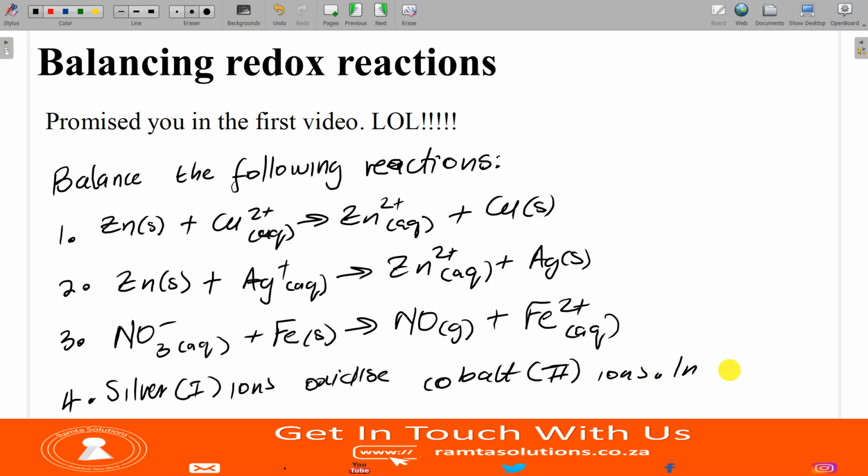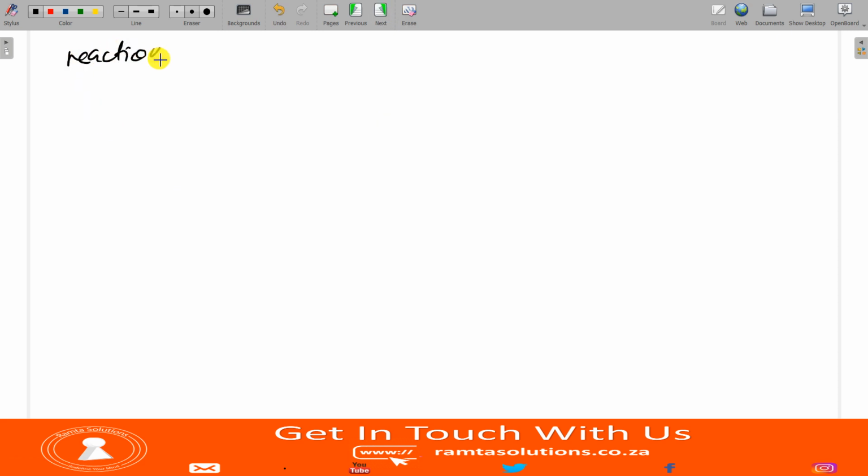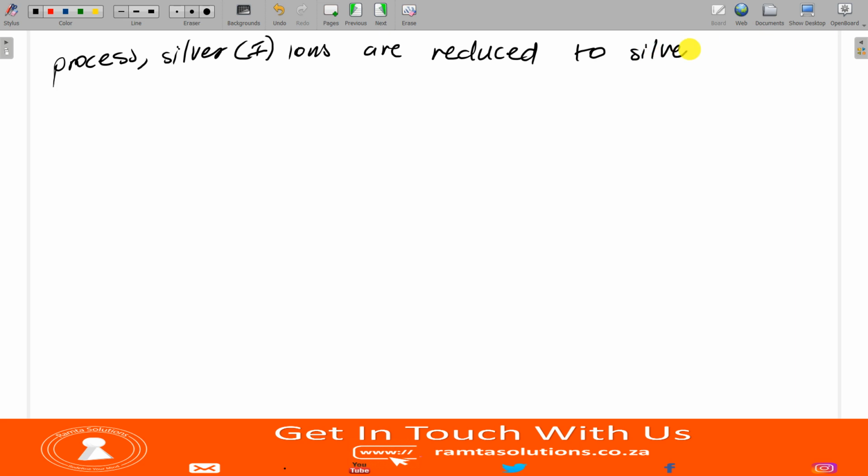In the reaction process, silver ions, to be precise silver 1 ions, are reduced to silver. Write the balanced equation.